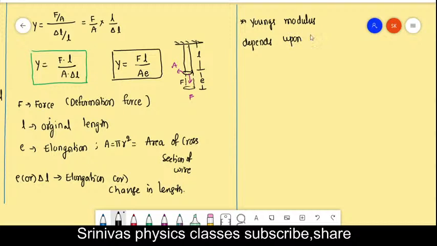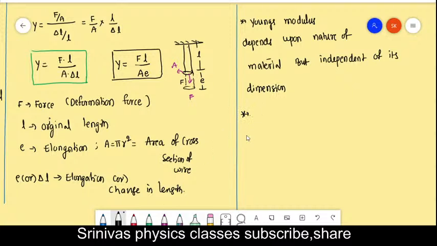That means different materials have different Young's modulus, but it is independent of its dimensions.